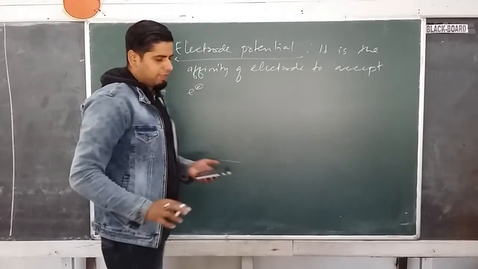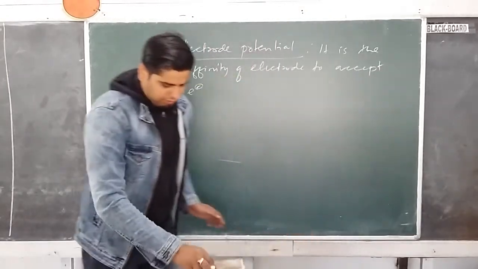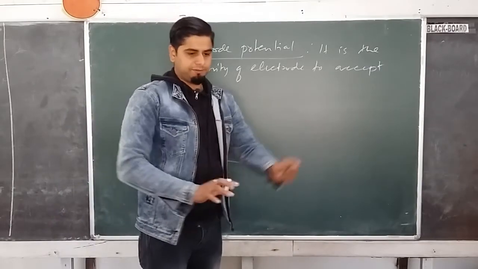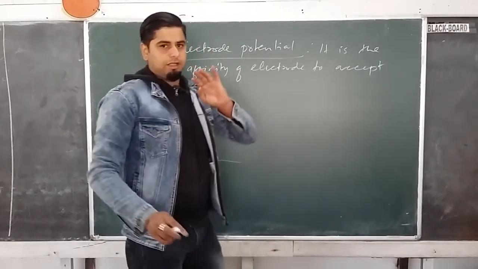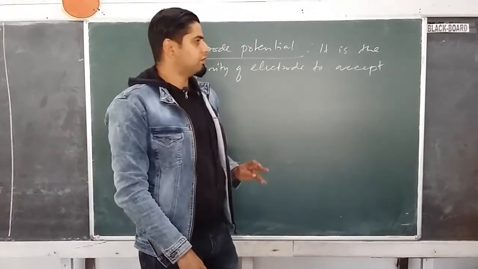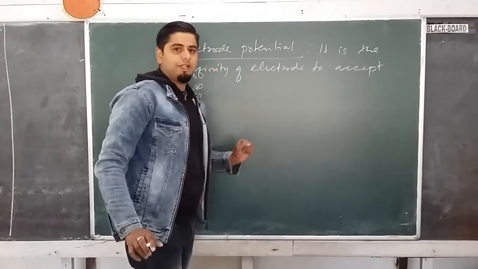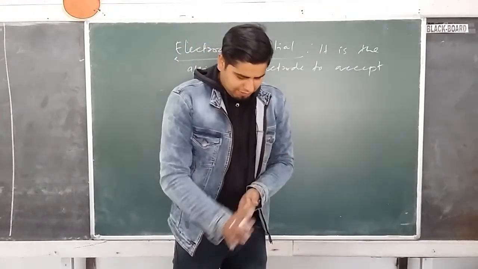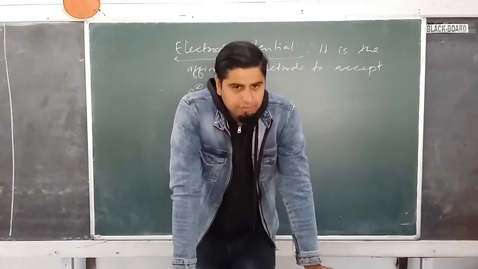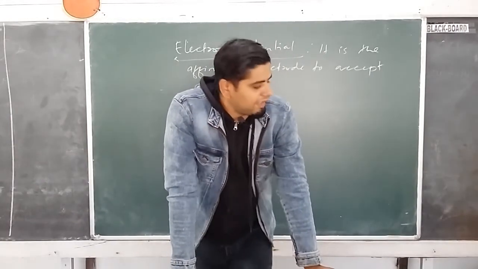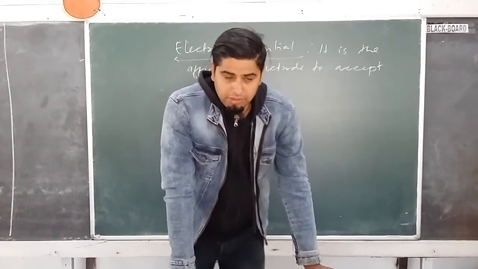With this electrode potential, we can understand various properties such as reduction potential, oxidation potential, and other factors for different metals. So this electrode potential is actually the affinity of any electrode to accept electrons.